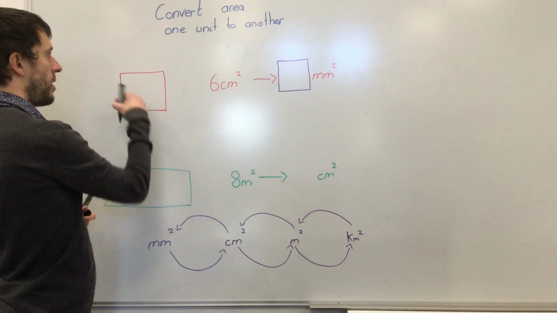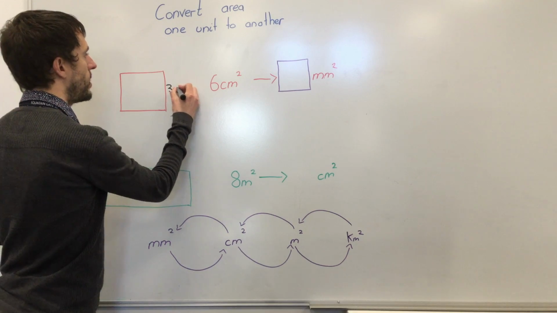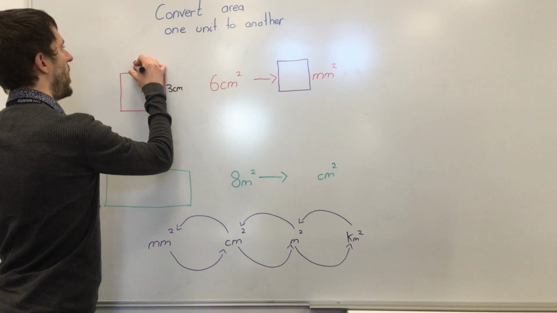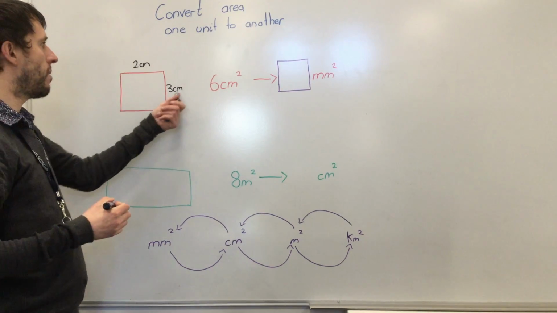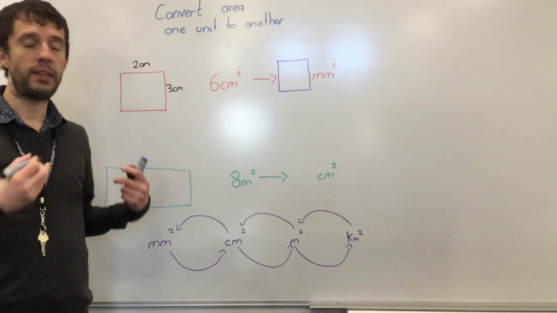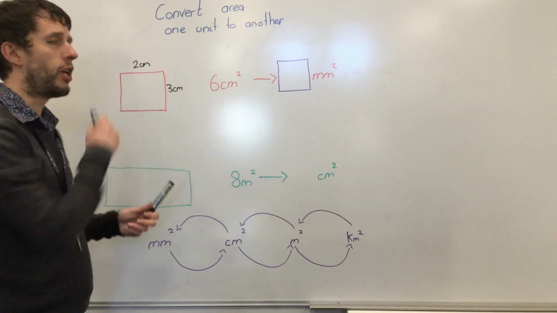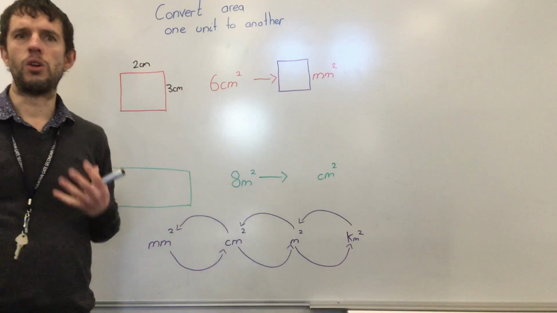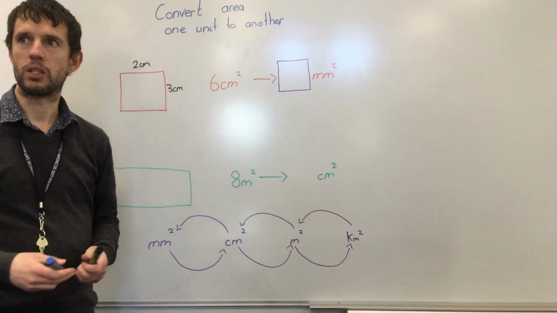So if I've got this rectangle here and I say this is 3 centimeters and this is 2 centimeters, I know 2 times 3 equals 6, and that gets us our area of 6 centimeters squared. But let's convert it into millimeters first and then look at the relationship between centimeters squared and millimeters squared.